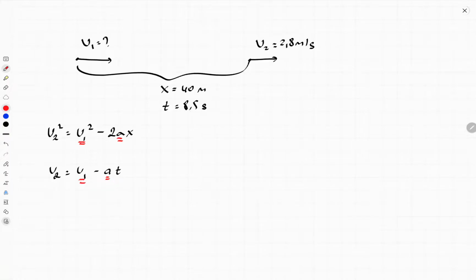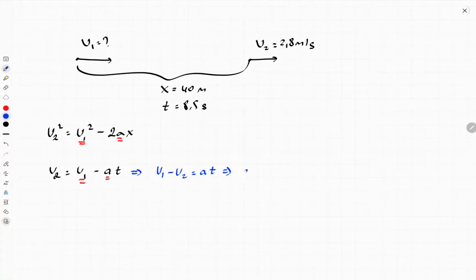So we have at the moment two equations, two unknowns. So basically in terms of math, in terms of logic, we can solve this problem. So let's continue with this one. From here, v1 minus v2 will be equal to at.